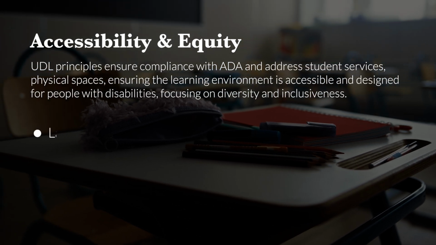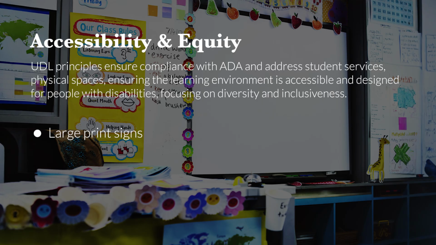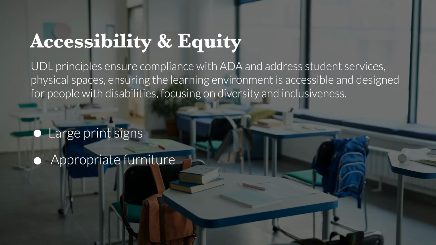So UDL guidelines also include things like using manipulatives, ensuring that there are clear large print signs posted for those who may be visually impaired, making sure you have appropriate furniture and making sure that your class layout and organization is appropriate. And this depends on whether you have those individual seats or desks or the large tables.